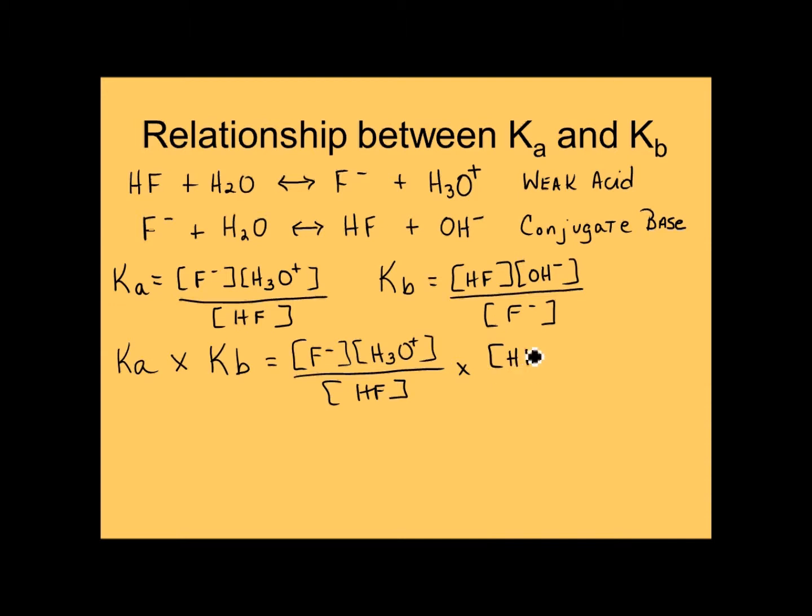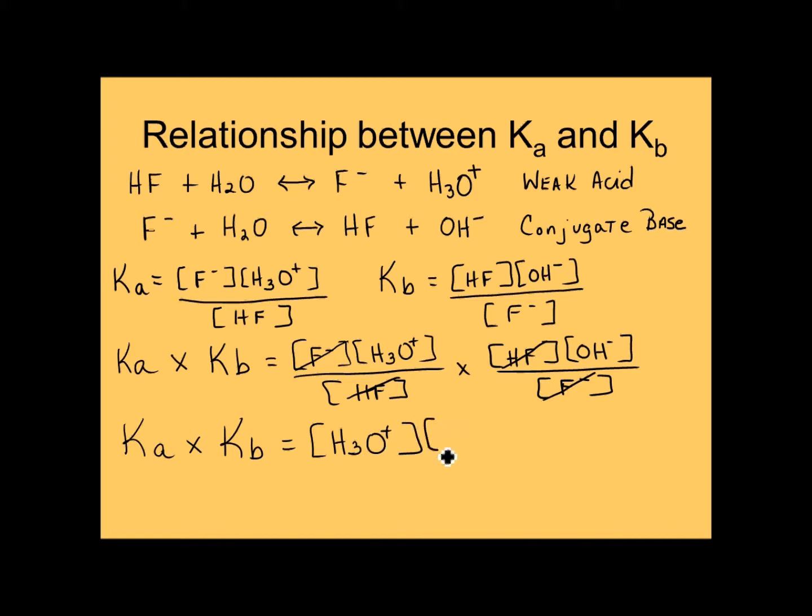Now you'll notice some very similar ions floating around here, and we're going to do a little cancellation. Notice that this is in the numerator and this is in the denominator. It cancels and cancels. Notice that what you get for Ka times Kb is the hydronium ion times the hydroxide ion, which is of course Kw.